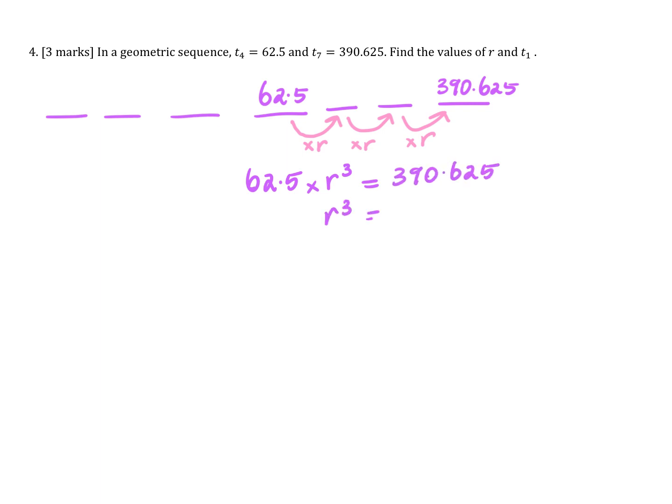Divide both sides by 62.5. 390.625 divided by 62.5 gives me 6.25. And then R is going to be the cube root of 6.25. Now this is a horrible number, but let's just leave it like that.